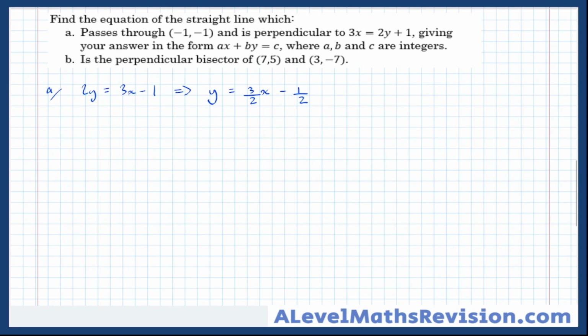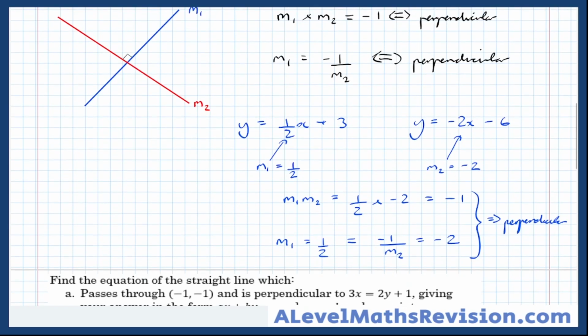We can just read the gradient off. It's just that one there. So that tells us that the gradient of that line is 3 over 2. But we want the gradient of the perpendicular. So therefore, the perpendicular gradient, and what we said before is that two gradients are perpendicular if one is the negative reciprocal of the other. If I scroll back up there, negative reciprocal here.